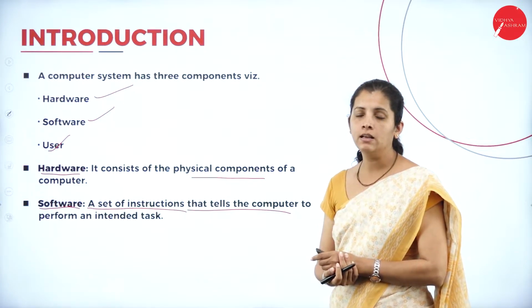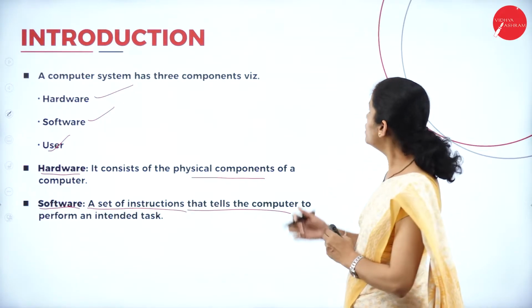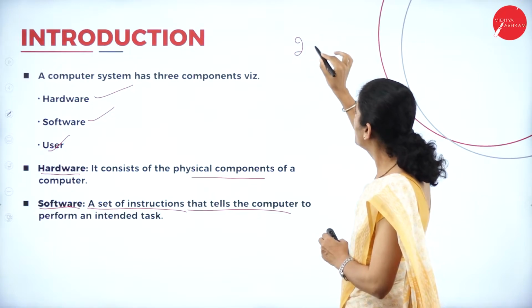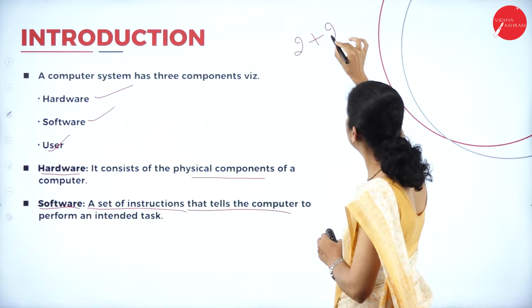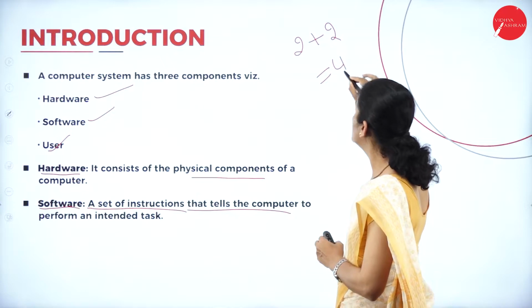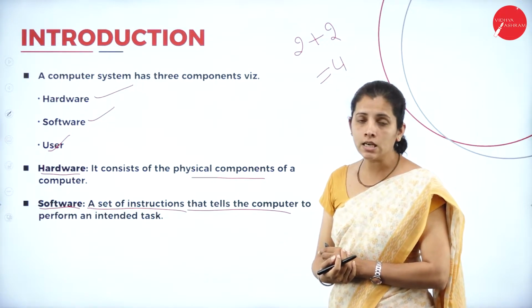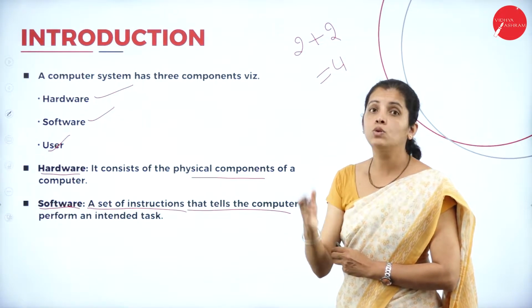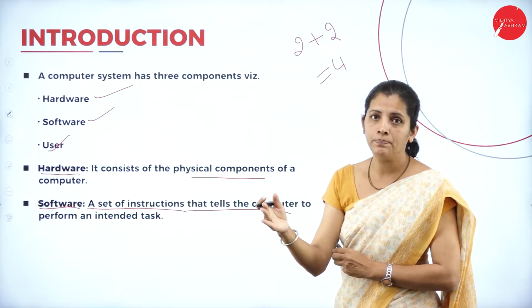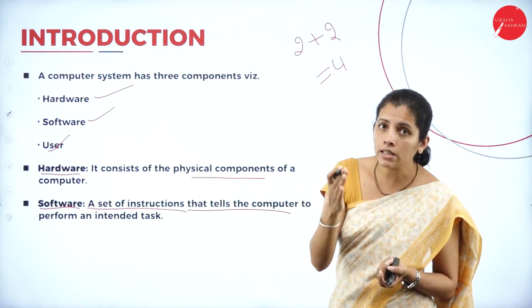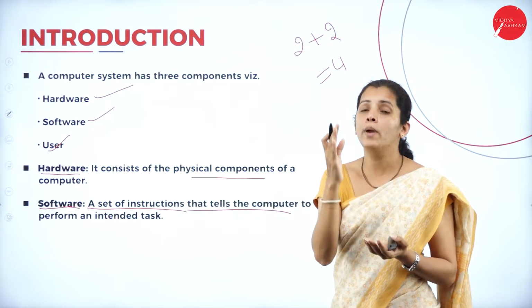For example, suppose I want to perform addition operation, say 2 plus 2 equal to 4, then I'm going to instruct the computer system to read 2 numbers. After reading, I'm going to instruct the computer system to perform addition.